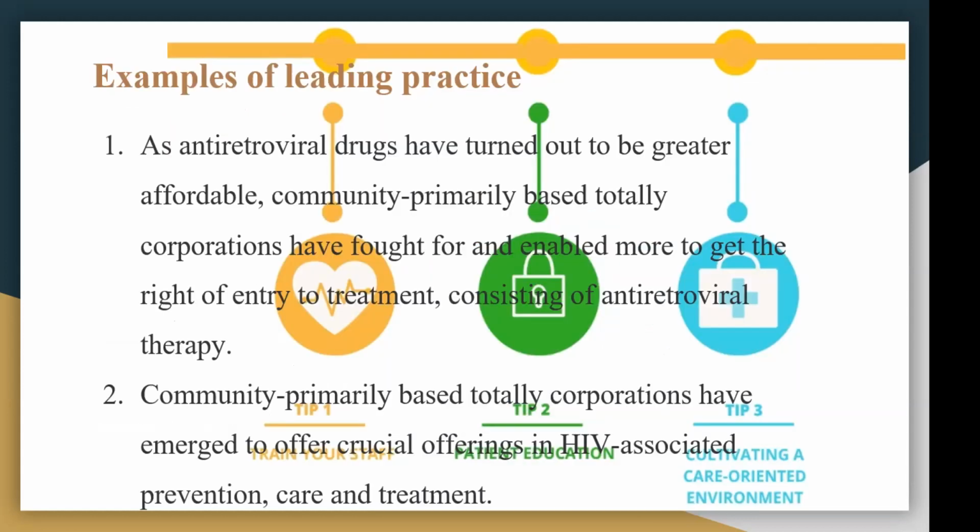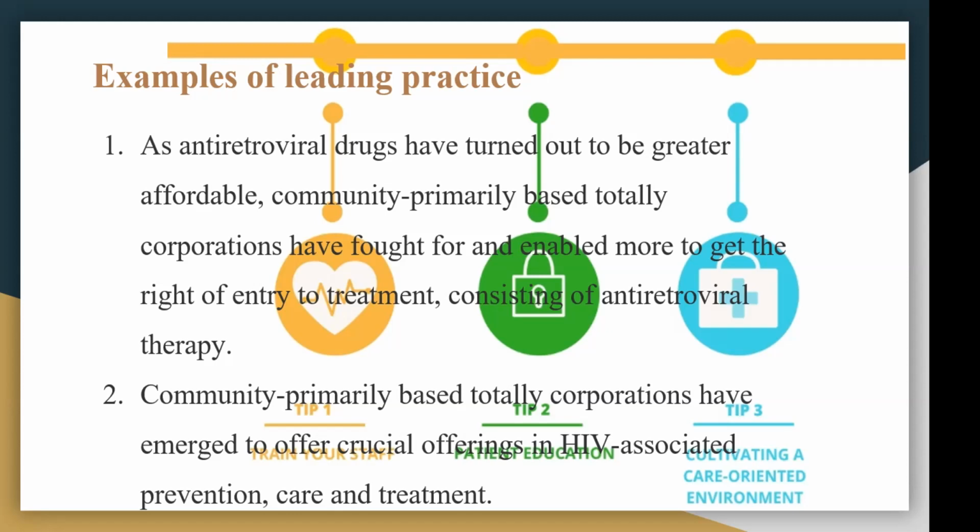Here I have included some examples of leading practices. The first thing I have added is that drugs have turned out to be great, and affordable. Community based organizations have fought to enable more people to get access to treatment, including antiviral therapy as well. And that is one example.